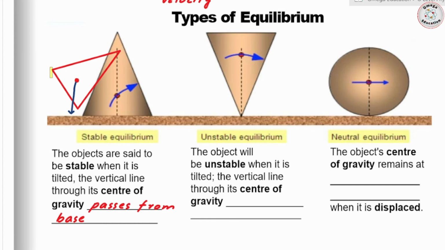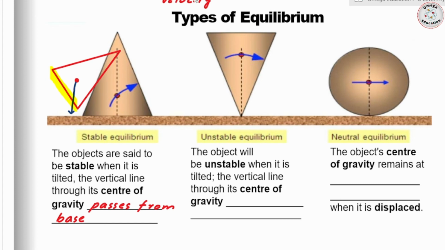What's the base? This is the base of the cone, the part that was previously touching the ground or touching the object upon which the cone is placed. If you tilt it a little bit, and the base and the line of weight or the line of gravity still passes through the base, the object is in stable equilibrium.